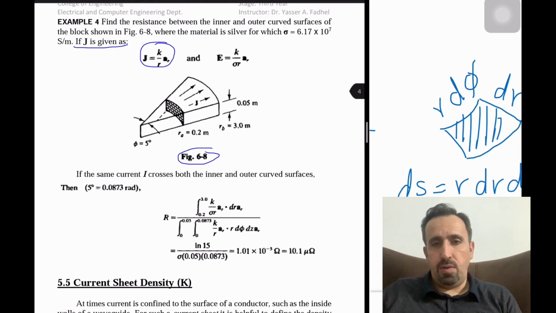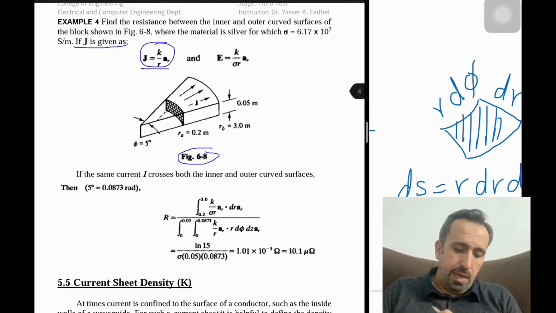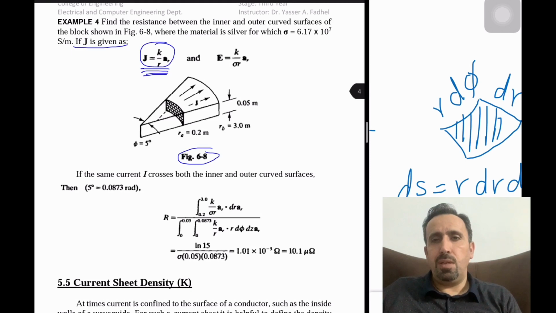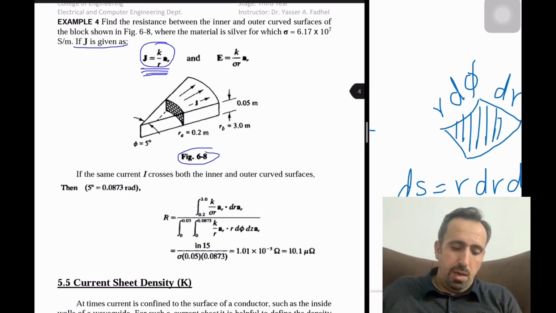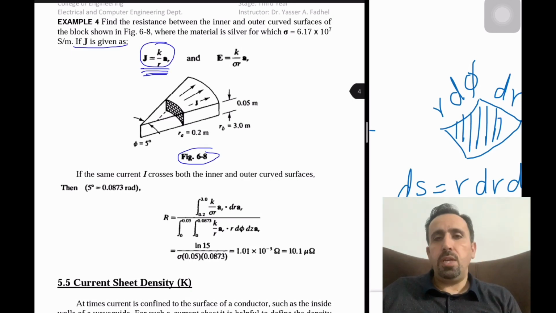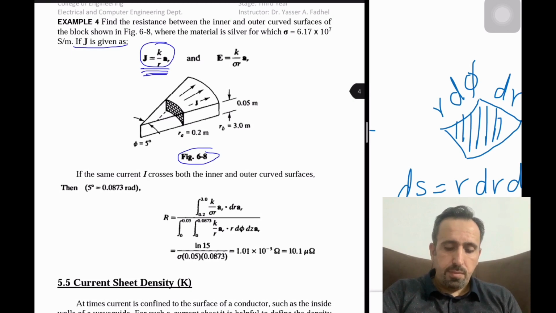You have R, phi, Z. So when you are given J like that, K over R, sure, K will be a certain constant value, while R is variable, and its direction is as shown in the figure. It is the AR direction. Now from J you can conclude E.